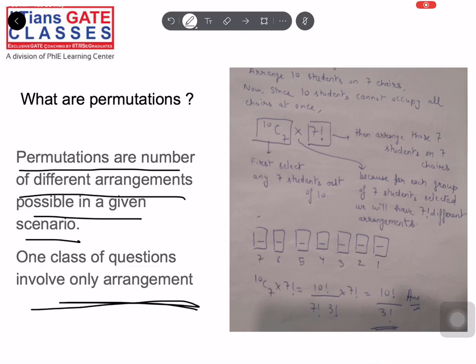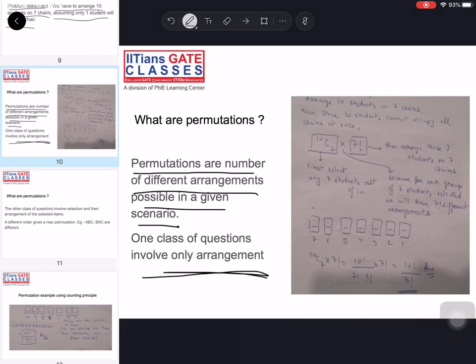Let's say I modified the previous question and said we have to arrange 7 students on 7 chairs. That means you have one student for each chair, so I don't have to do any selection. All I have to do is arrange them on the chairs. So that is arrangement only. Their selection would be 7C7, because I have to select all of them.